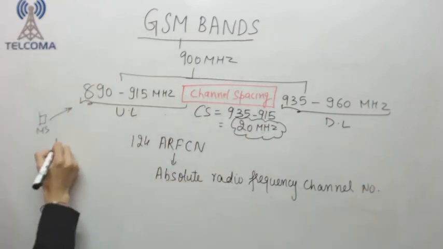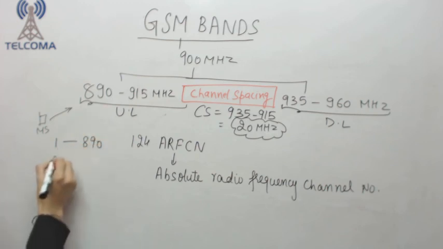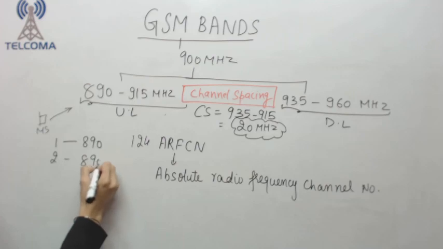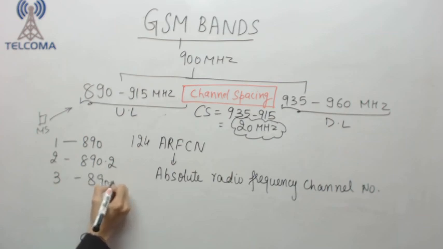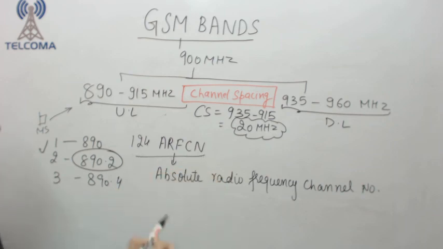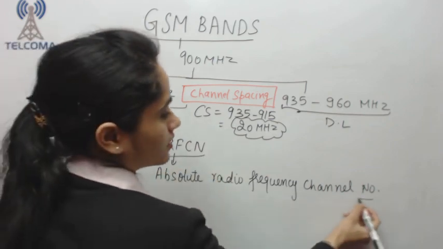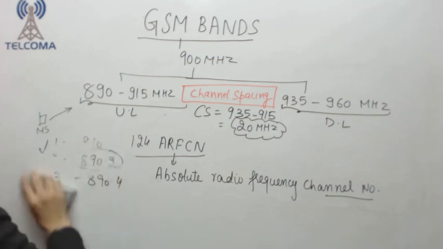For example, ARFCN 1 corresponds to frequency 890, number 2 to 890.2, because we are leaving 0.2 megahertz as spacing between the carriers, then 890.4. This is a frequency and this is a channel number, so we call it the absolute radio frequency channel number. This is how we calculate the total number of ARFCN in a band.